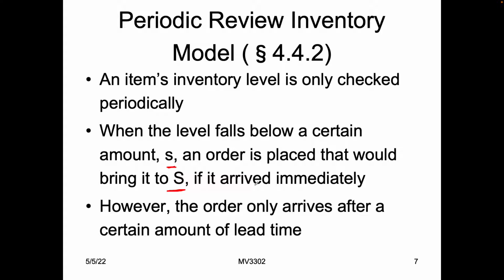One way to think about it, you wouldn't necessarily want to do this, but let's say I had a rule that I only check my gas gauge on Monday at 8 a.m. And other than that, I just ignore it. And if my gauge is below a quarter tank, then I fill it up.